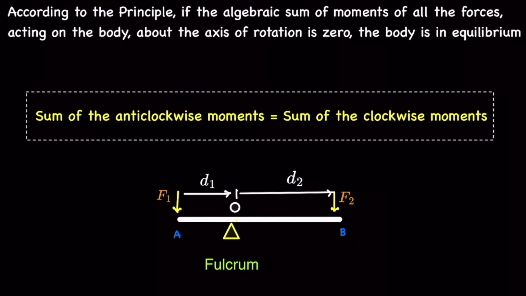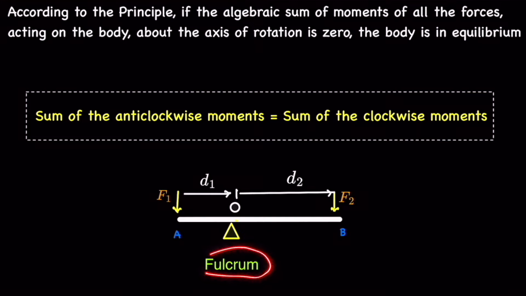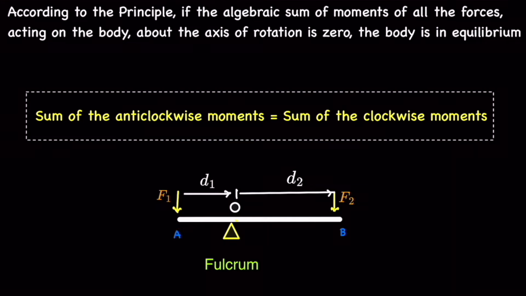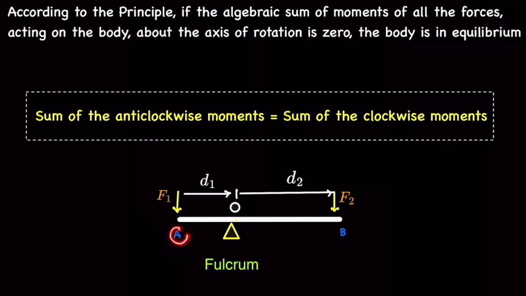As you see in this example, this is a rod and this is a pivoted point O, or a fulcrum. I am applying two forces F1 and F2 at the two ends of the rod, end A and end B. We always consider the distance of point A from the fixed point, which is O. So OA is equal to D1 and OB is equal to D2.